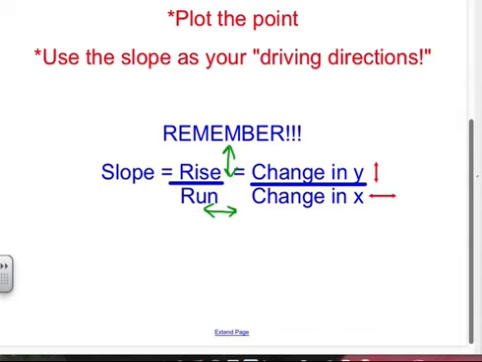So if I gave you a slope of 2/3, the top number is positive, so you would go up 2, and the bottom number is positive, so you would go right 3. What if it was -2/3? Well, if the top number is negative, that's where you would go down 2 units.